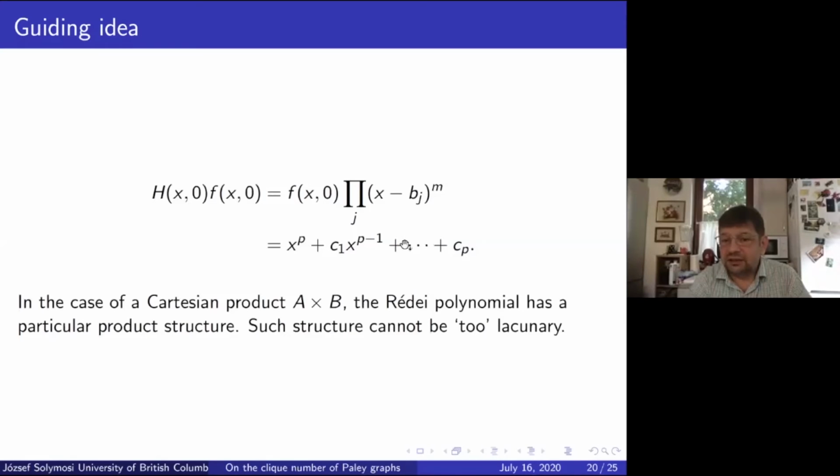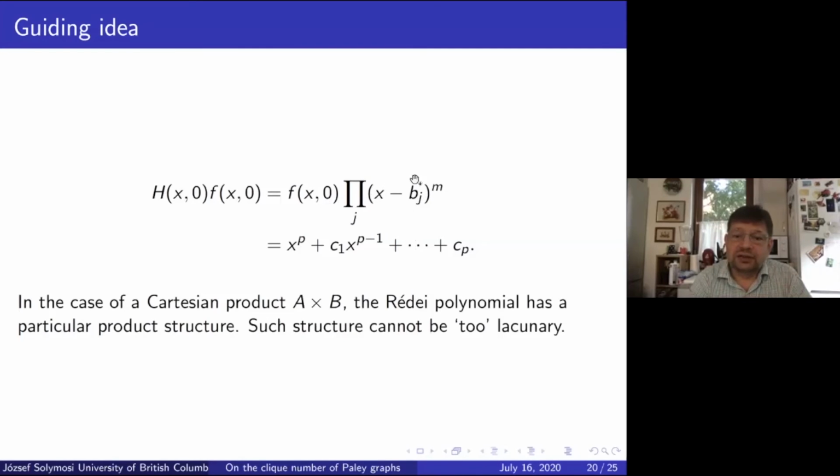So the first term which is not 0 will be the C_i we are looking for, times x to the p minus i minus 1. Agree?